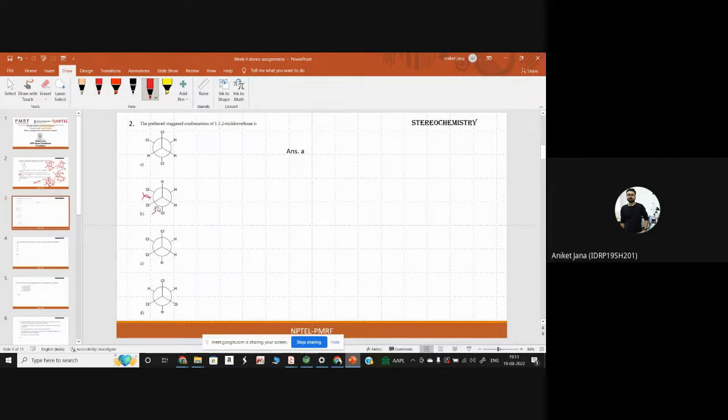So how many interactions are possible in option B between the chlorines? I have already marked that. Two. And in case of C, how many interactions are possible between the chlorines? Two interactions are there.